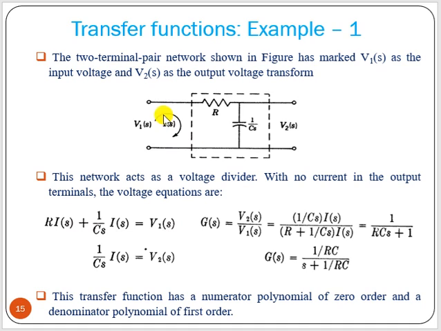Now V1(s) equals I1(s) times R plus I1(s) times 1 by sC, and V2 is nothing but I1 times 1 by sC, across the capacitor. Now we can find V2 by V1, which is the transfer function. If we put the two equations together, we will get this particular function.